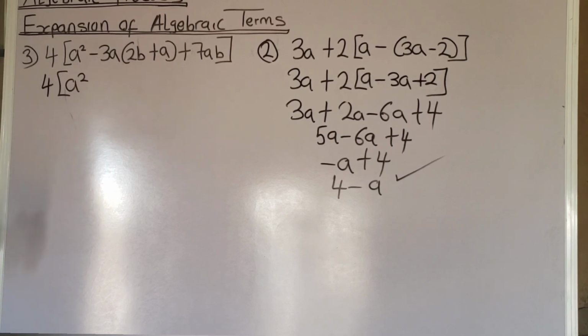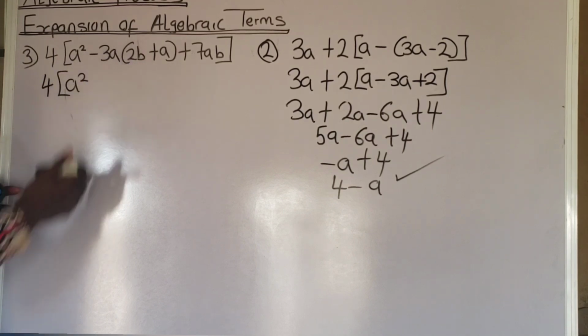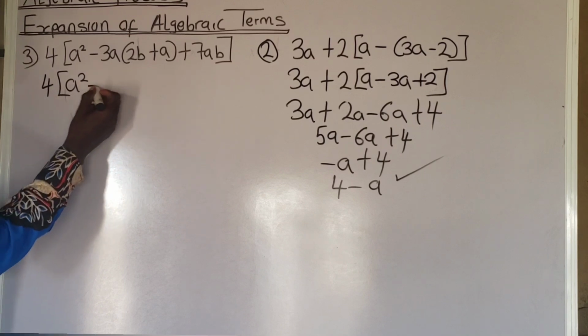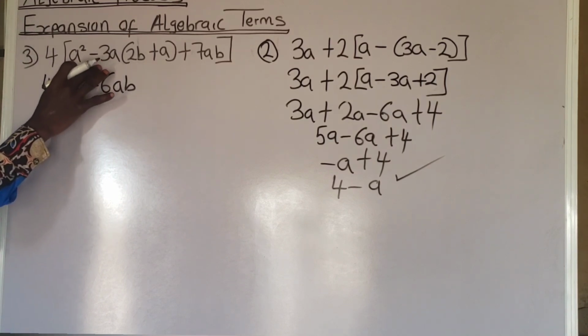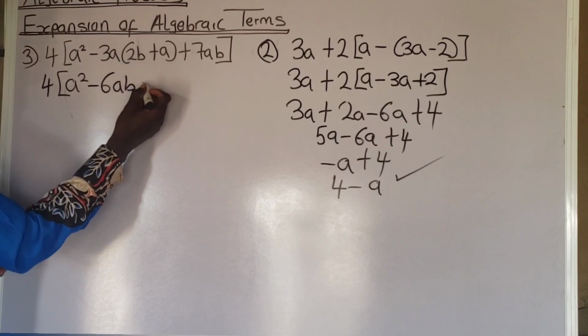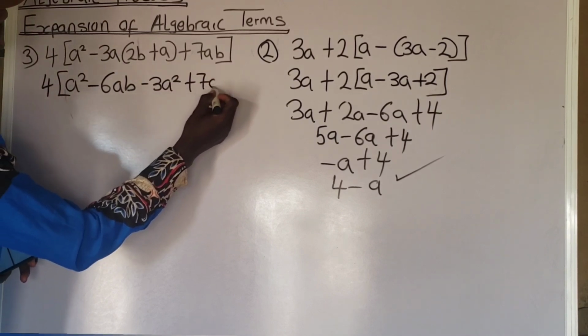Now, the aim of expansion is to remove barriers, and the barriers we're talking about here are brackets. So we want to remove the bracket. For this, I'm going to have a squared, minus 3a multiplied by 2b, that will be negative 6ab. Negative 3a multiplied by positive a, that will be negative 3a squared, plus 7ab.